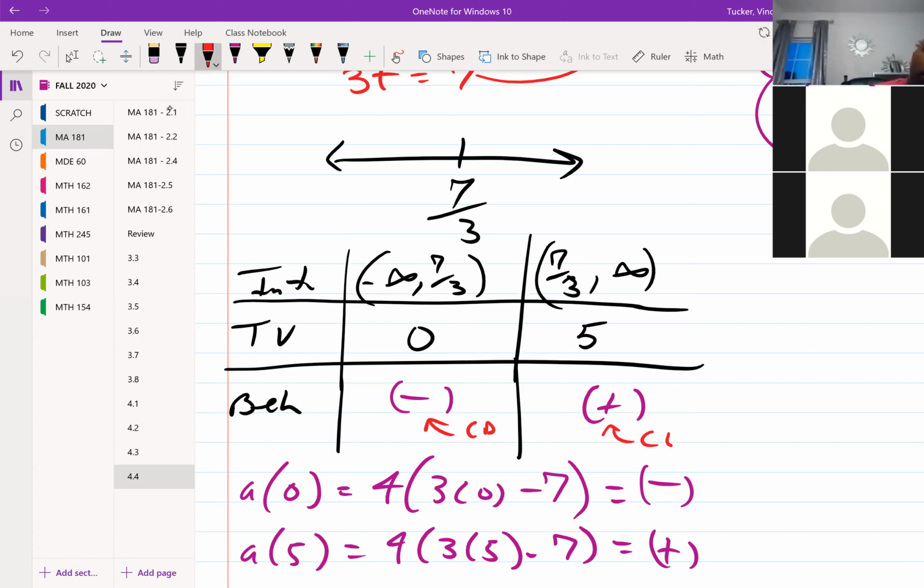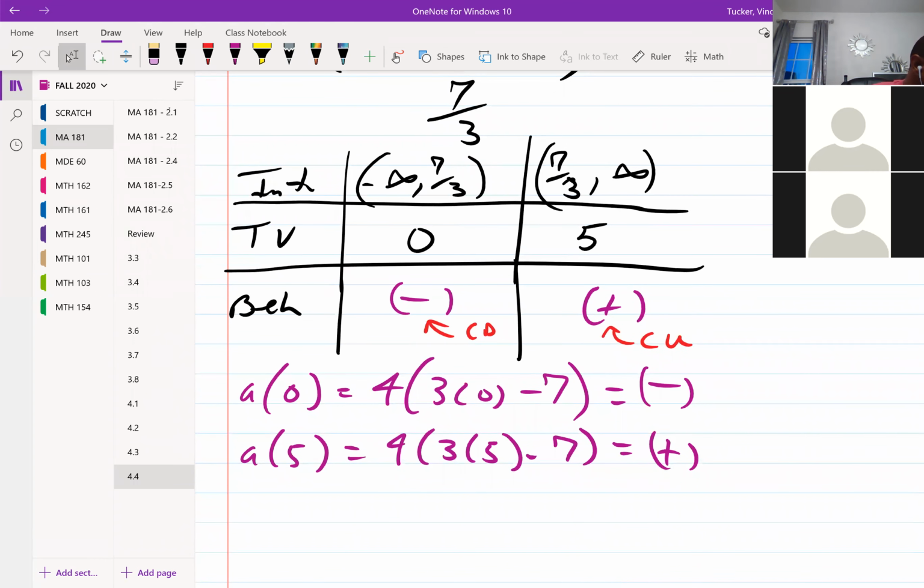This concaves up. All right. Any questions on that?